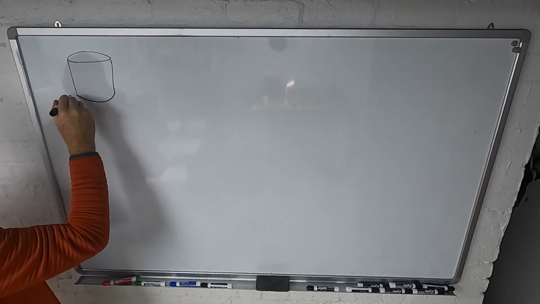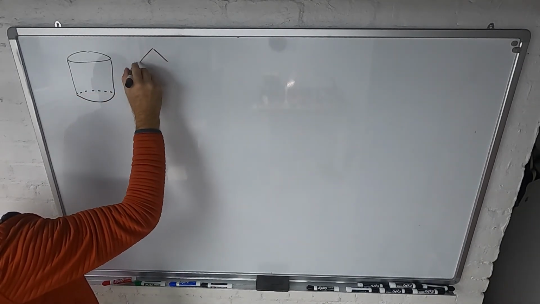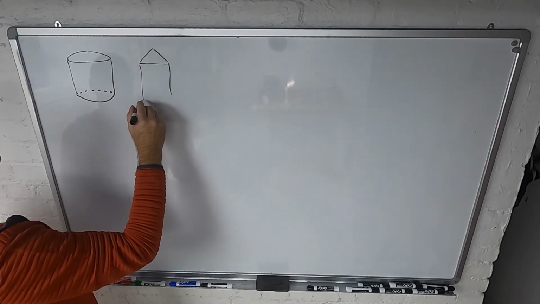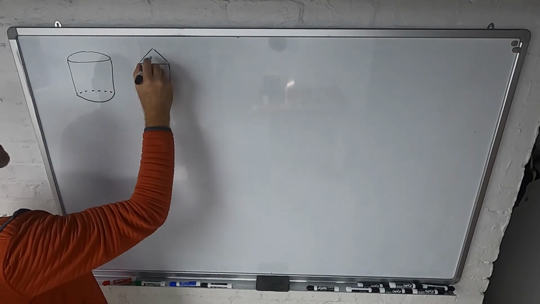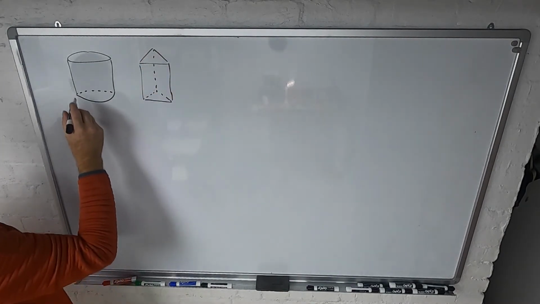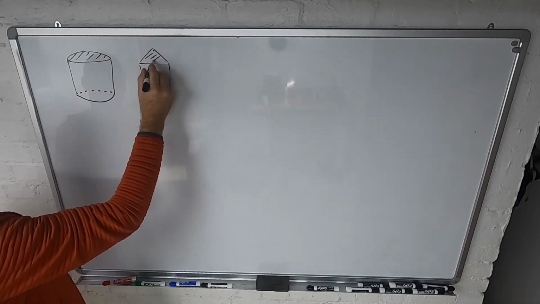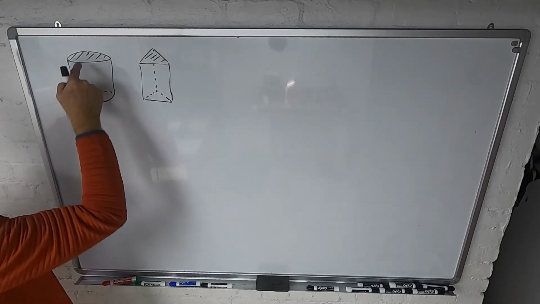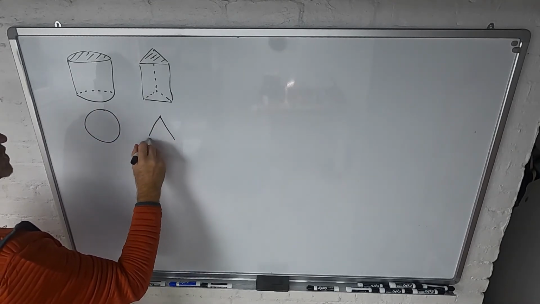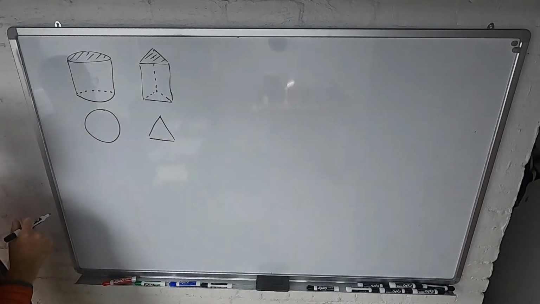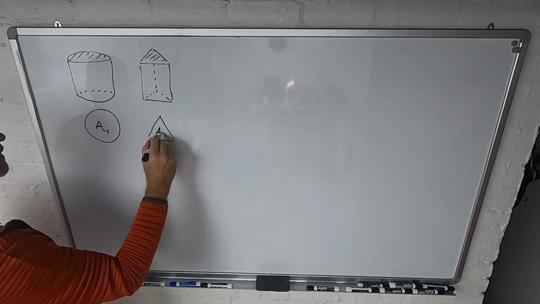If I take an object that has a shape, no matter what shape I draw, that object will have a cross-section, which means if I slice it at any point, it will have an area that represents the shape of the object. So this has an area of the circle, it's the area of the triangle.